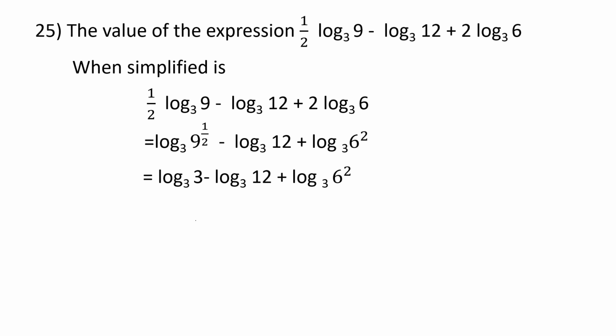Now you can write this as log 3 of 3 multiplied by 6 multiplied by 6 divided by 12. When you simplify this, you get log 3 of 9. The value of log of 9 to the base 3 is 2. So you get the answer 2.